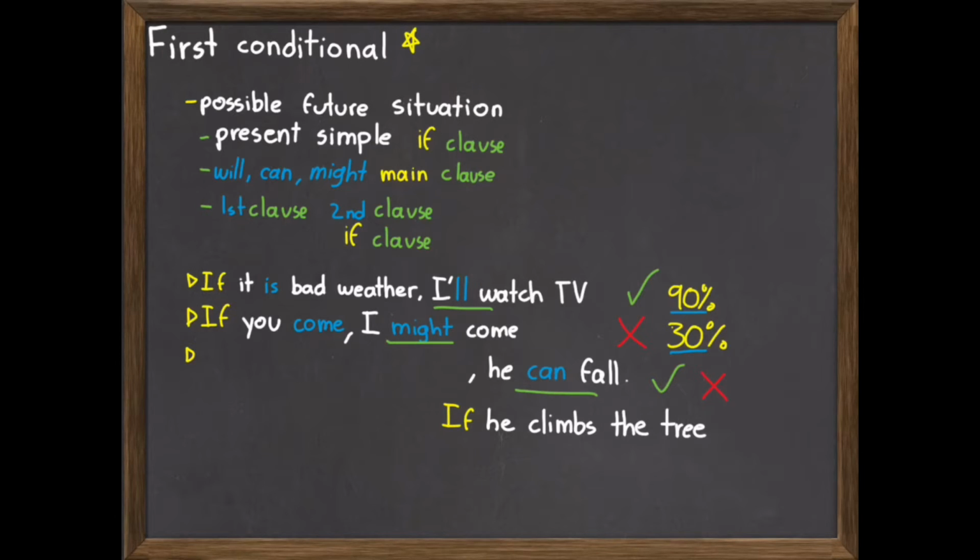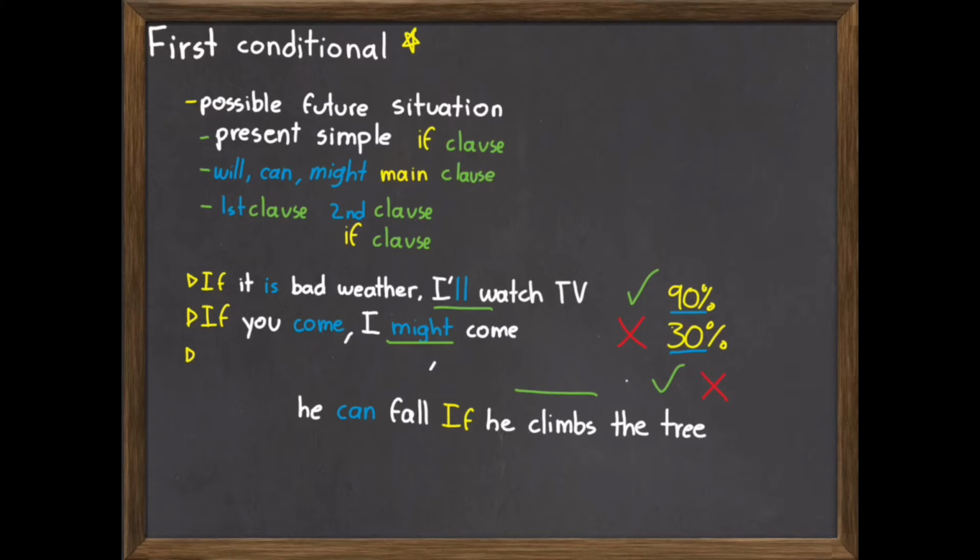He can fall if he climbs the tree. Just remember to add the comma when the if clause is the first one. When it's the second one, we don't need the comma. He can fall if he climbs the tree. So we can change it around. Now, that's the first conditional.